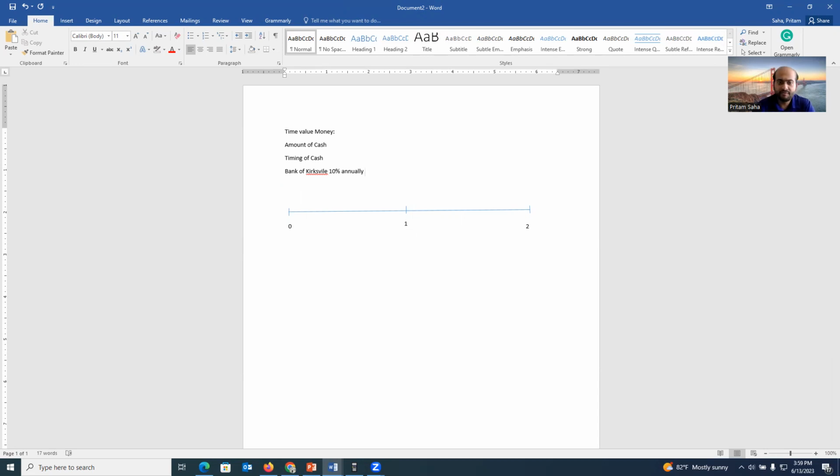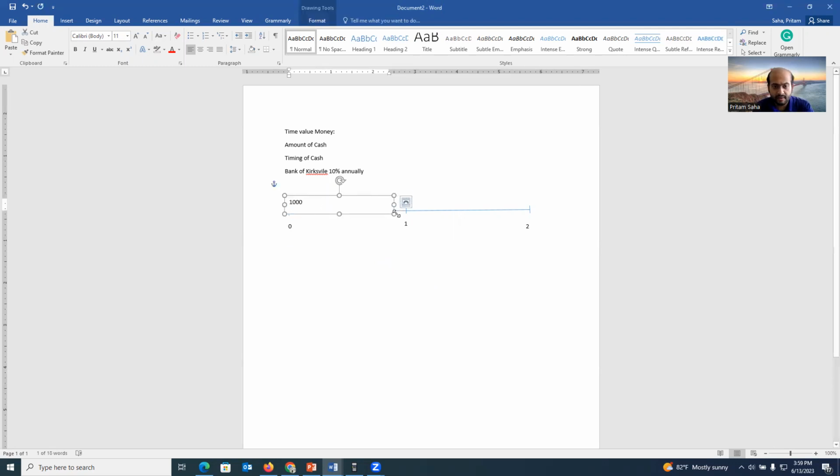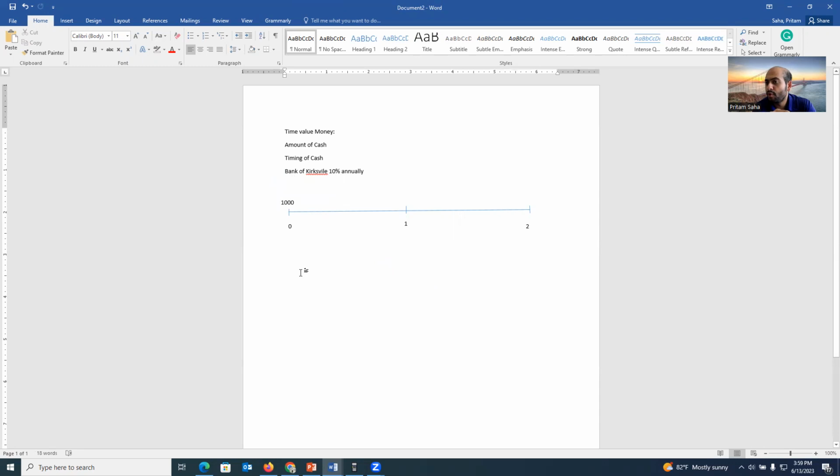So that means if your friend gives you the money today, okay? If your friend gives you the money today, which is here, you can put $1,000 into the Bank of Kirksville.